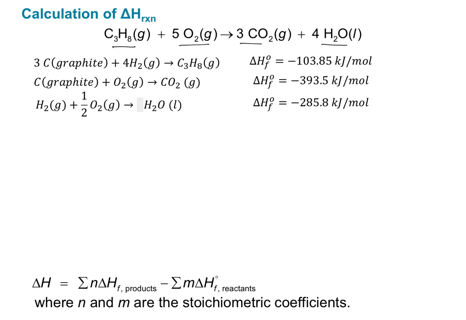Notice propane's a compound, carbon dioxide is a compound, and water is a compound. Oxygen is an element, so all elements have a delta H formation equals 0, which we'll talk about later too. So that's why we don't have a reaction for that.